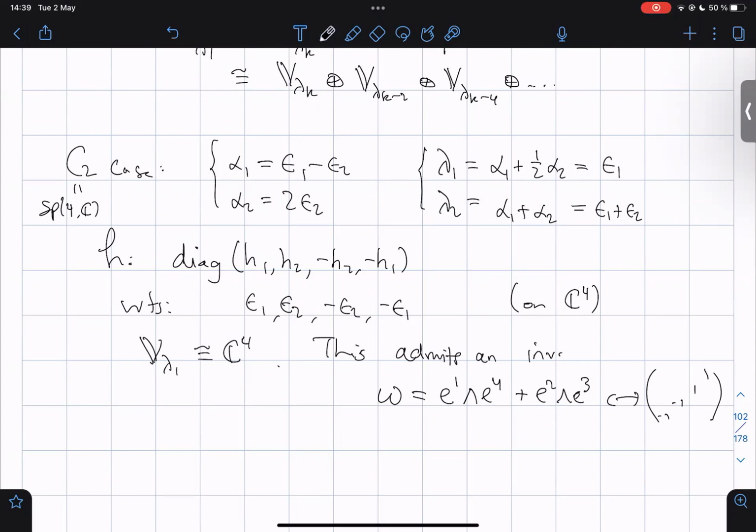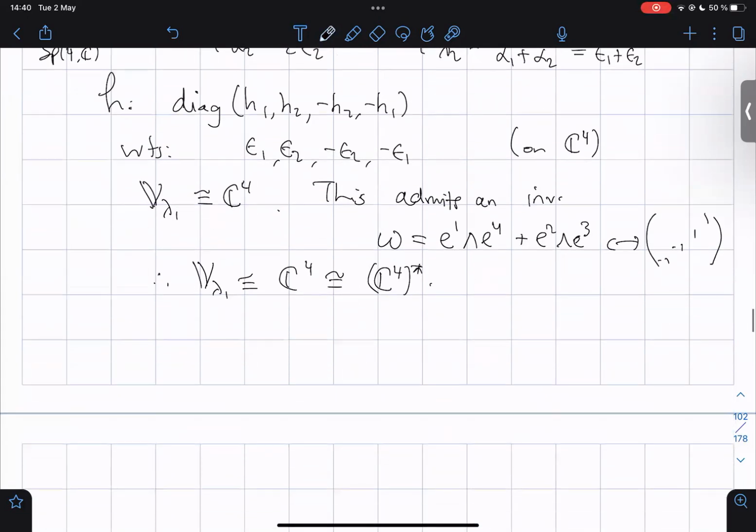I take the usual basis E subscript 1, E2, E3, E4 for the weight basis on C4, and then raise the indices to get the dual basis. So actually, because of this bilinear form, we get this identification of C4 with its dual.